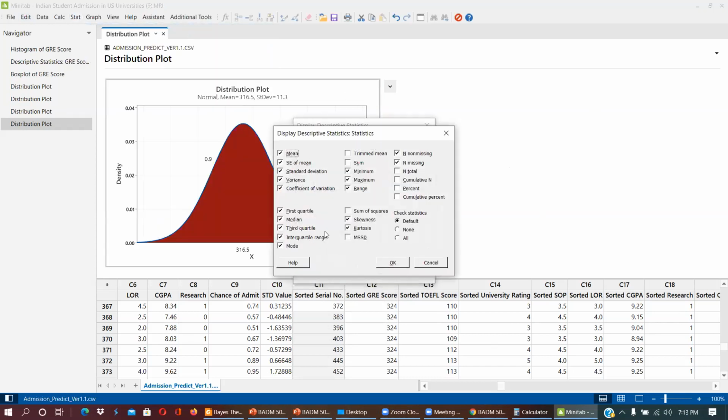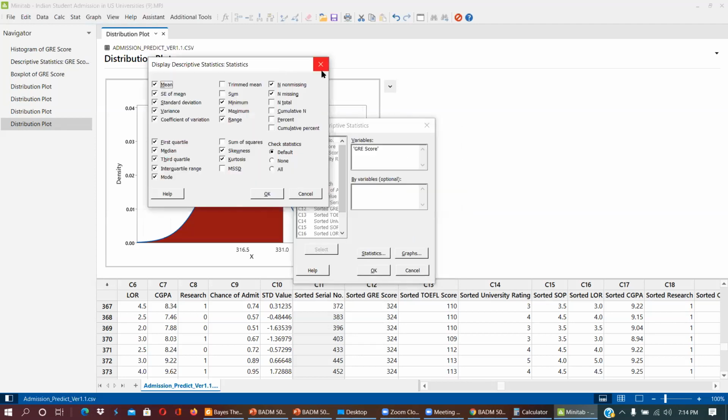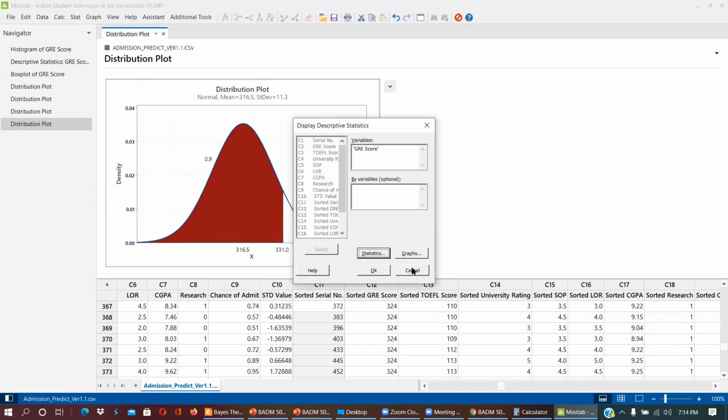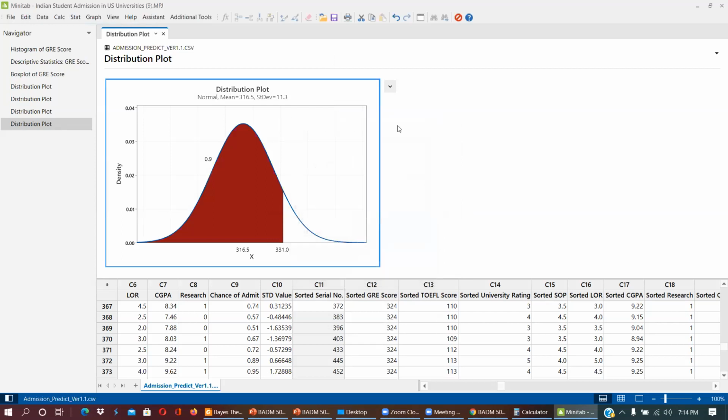You can select the calculation that you want to do, and all in one click, in less than 1 minute, you can do the calculation. But understanding interpretation is very important. Whatever I taught or explained can be done in less than 1 second, but on top of that, understanding and thinking is important. Any other question? If you have, please let me know. Otherwise, this is what I wanted to cover.